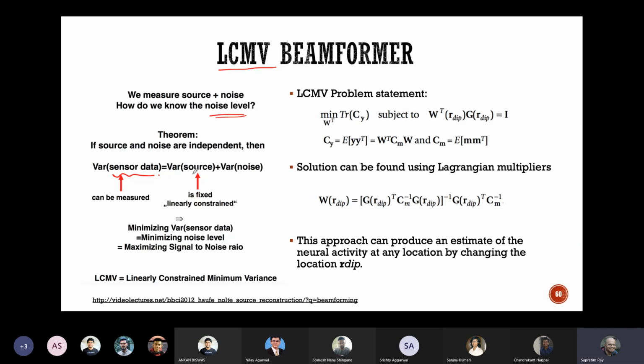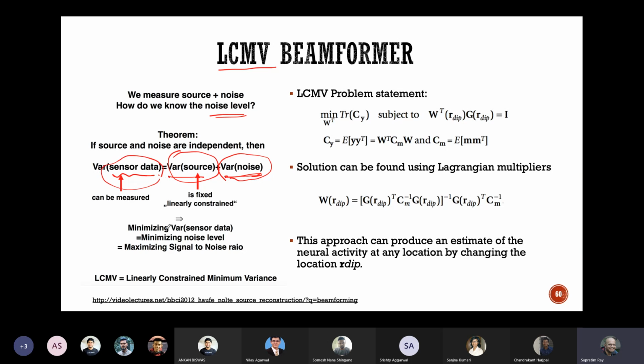I don't know what the source data is, but the variance in the sensor data is the sum of the variance of the source and the variance of the noise, assuming that the source and the noise are independent of each other. But this is a fixed thing. So an estimate of the noise can be obtained by looking at the variance in the sensor data.